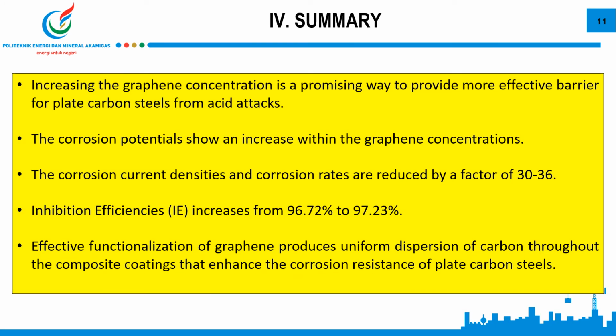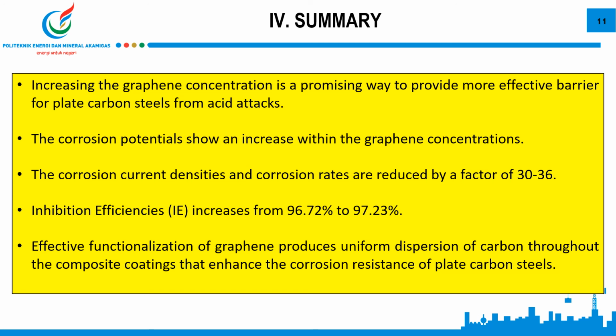At the end, we can summarize that increasing the graphene concentration is a promising way to provide more effective barrier for plate carbon steels from acid attacks. This is indicated by an increase of corrosion potentials, reduce in the corrosion current densities, as well as the corrosion rates, and an increase of the inhibition efficiencies.